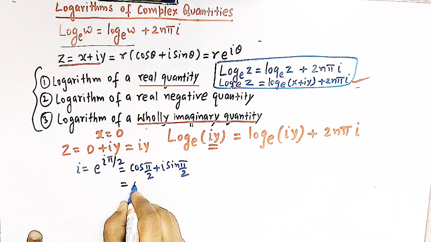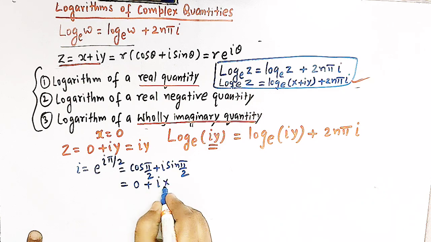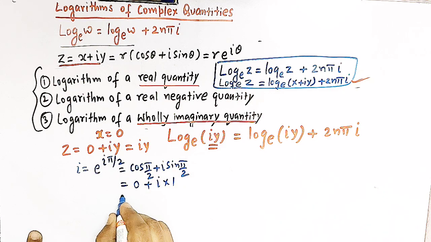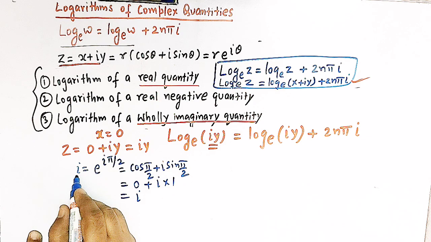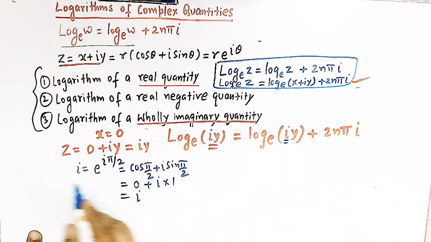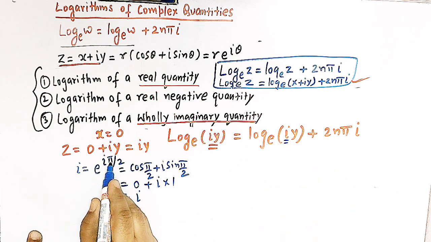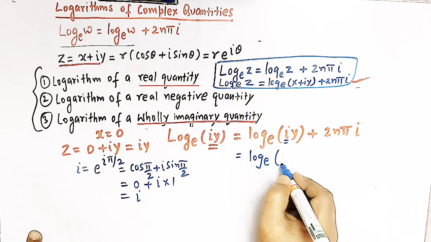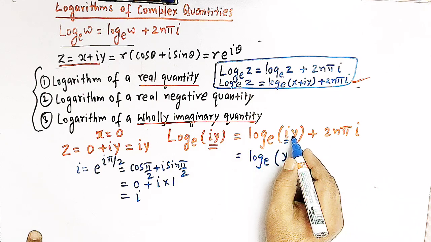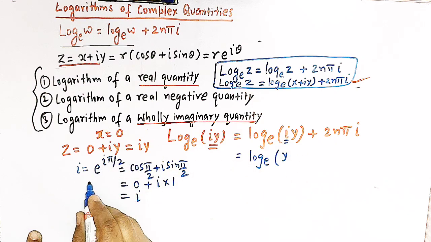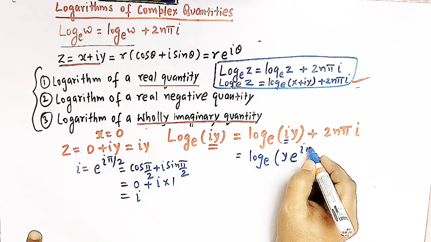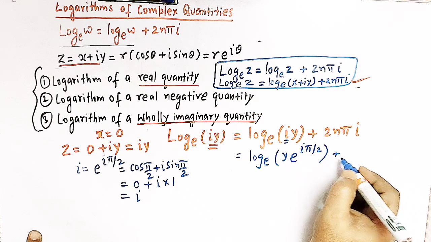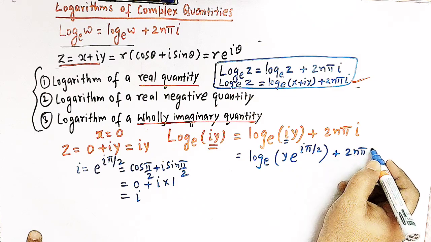So cos pi by 2 is 0, and sine pi by 2 is 1. So we have simply I. So now we can replace this I by e raised to iota pi by 2. So now we have log of y times e raised to I pi by 2, plus 2n pi I.